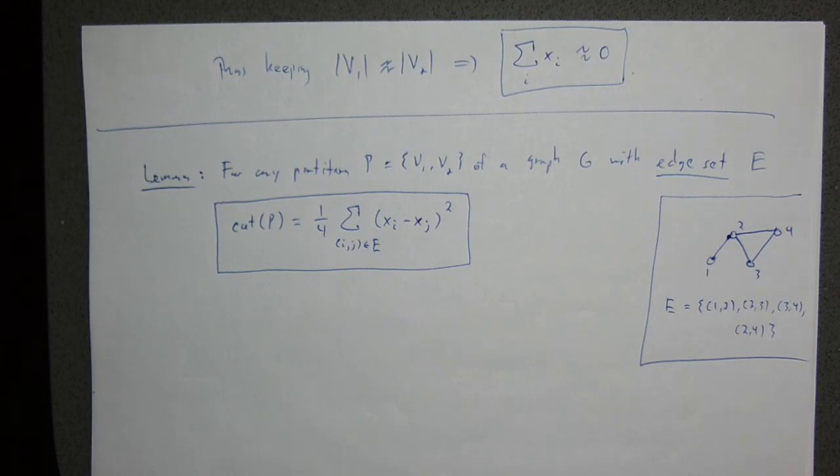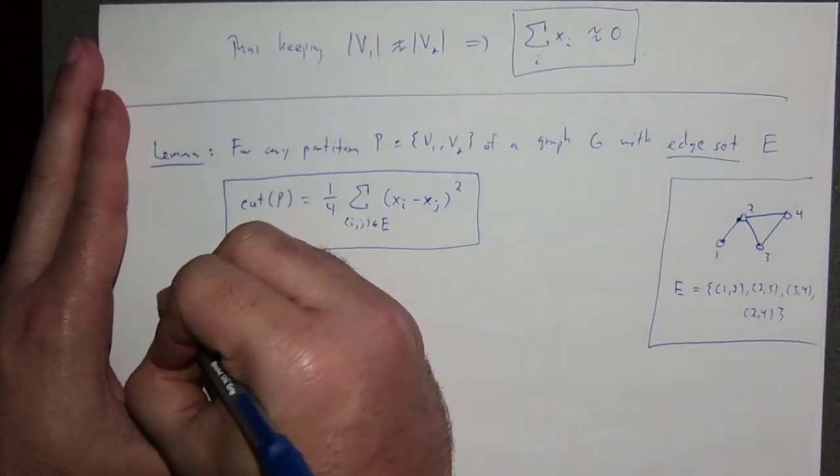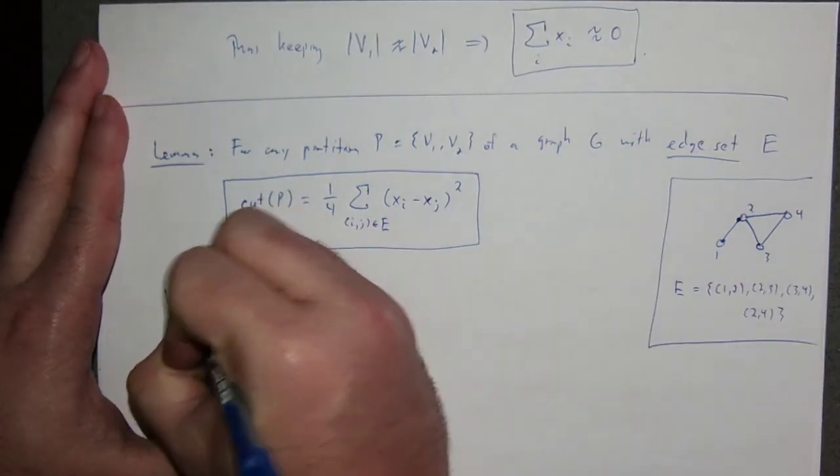In fact, I'm not even going to talk about why this is. It has a short proof. If you want to see it, it's at the bottom of page 14. So what this means, I should write out.